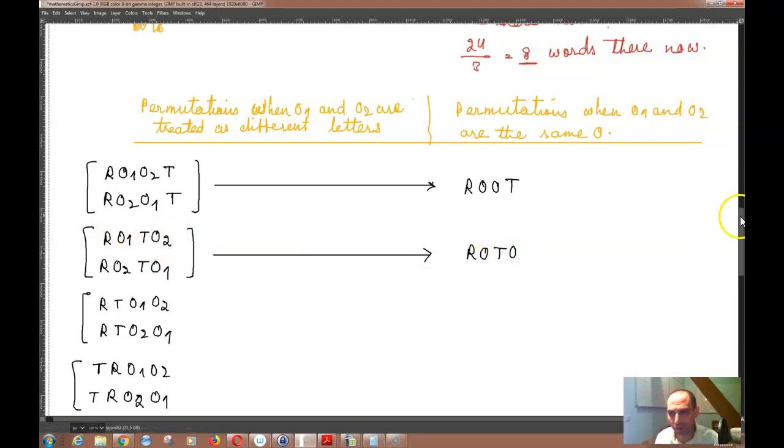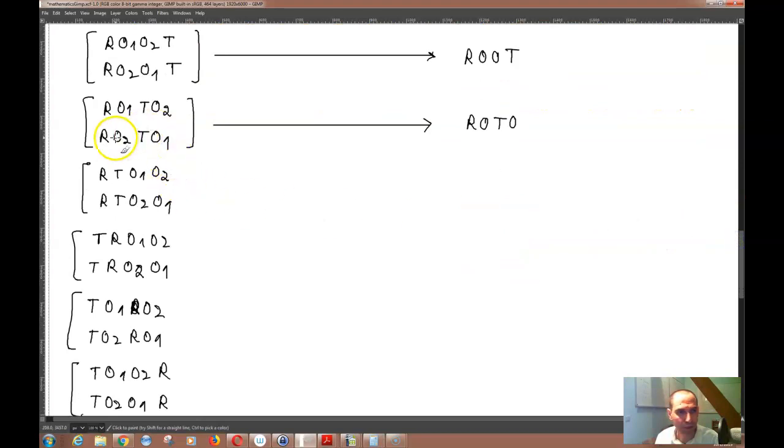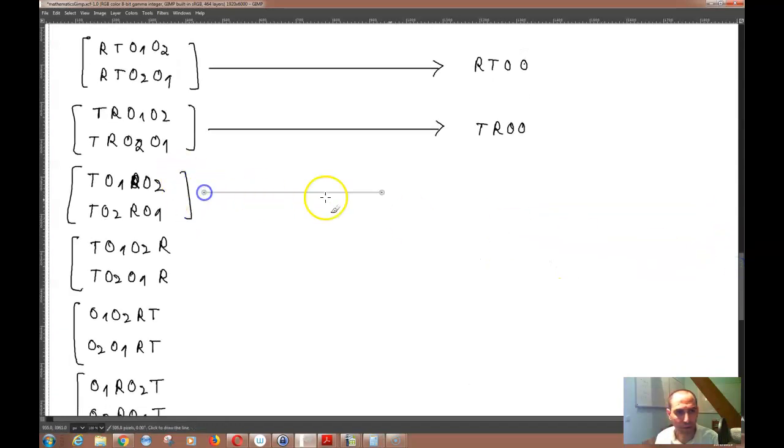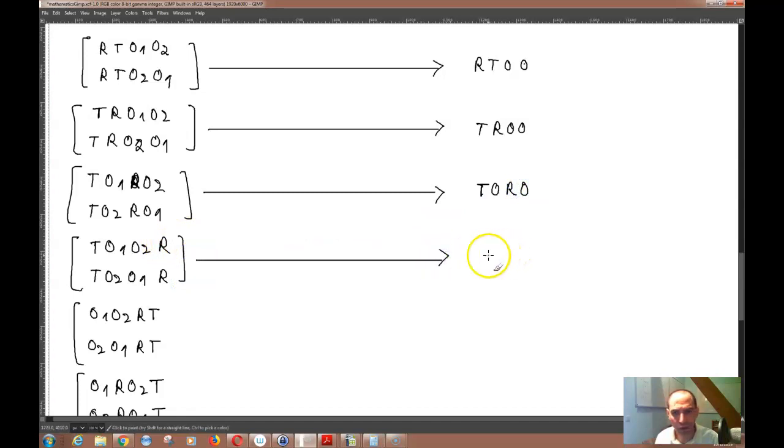For these two, I will simply get RTOO. For these two, I will simply get TROO. For these two, I will simply get basically TORO. For these two, I will simply get TOOR.